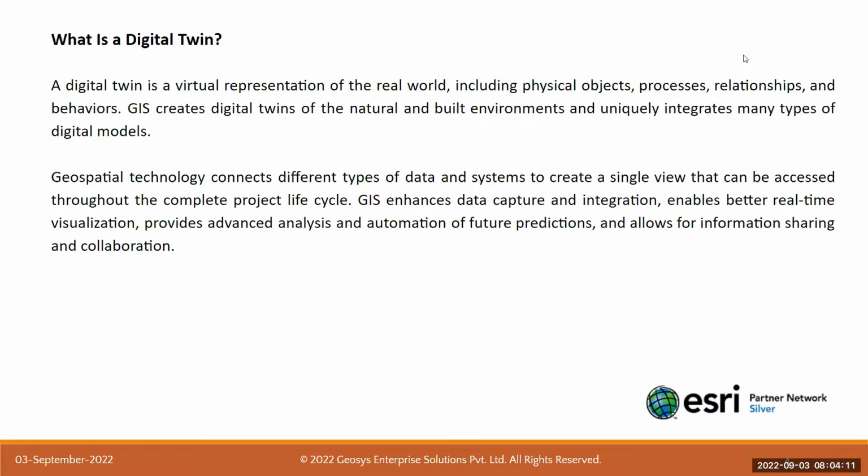All the physical objects, the behavior, the patterns, the relationships, and the processes involved in that project can be achieved using GIS with digital twin, which enhances the capturing of data, and integrating GIS with other software, data, and models. This further helps real-time visualization of the data for better advanced analysis, and automation for predictions using your AI/ML and deep learning models.